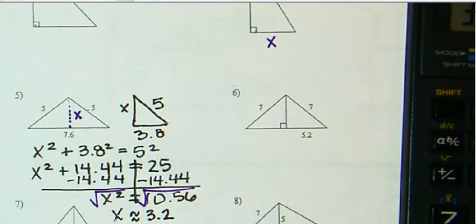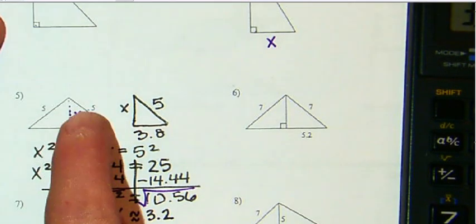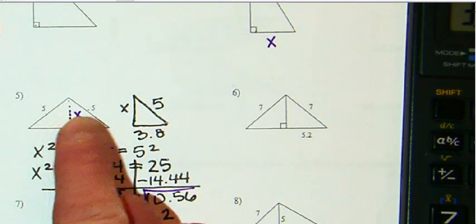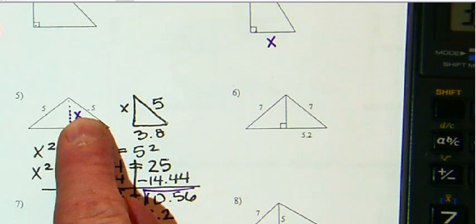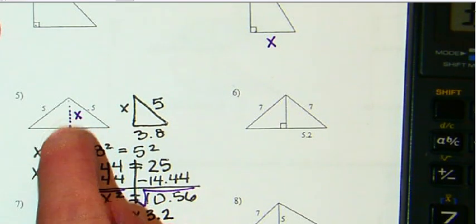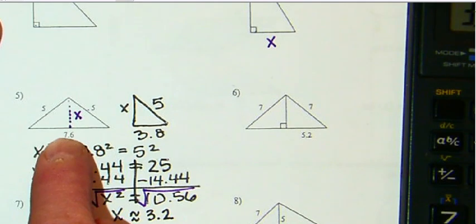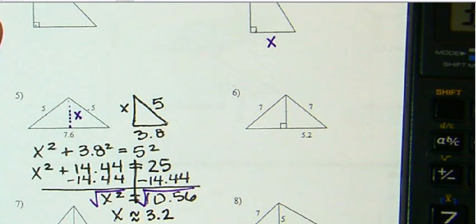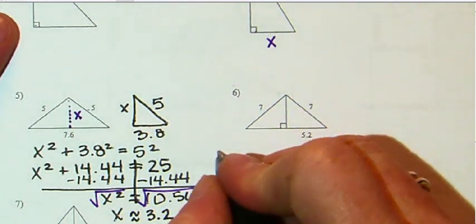Now the question asks us to find the area of the entire triangle. So if I'm finding the area of the entire triangle, now that I have the height, I can take the original base, multiply it times the height, and then divide that amount by 2. Let's write our formula down again.